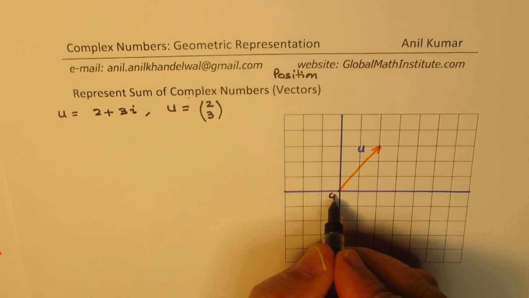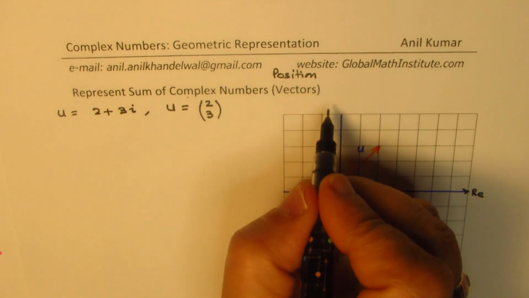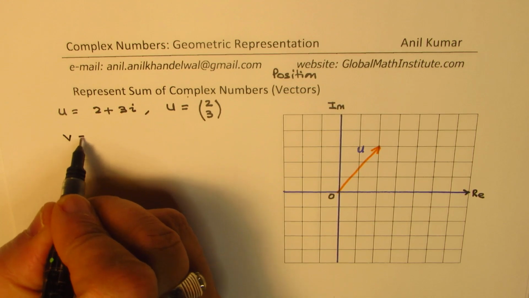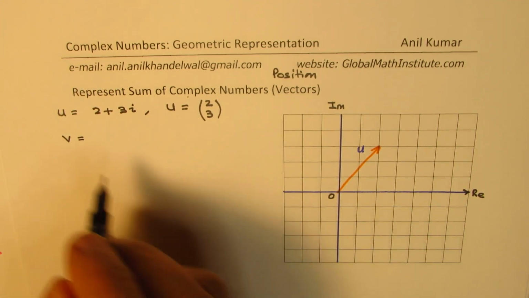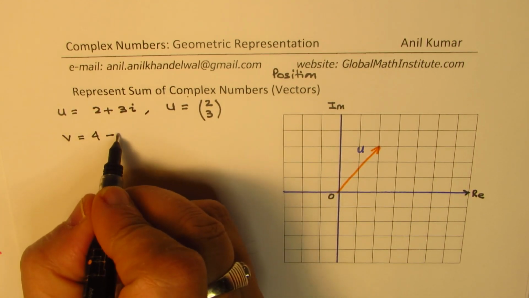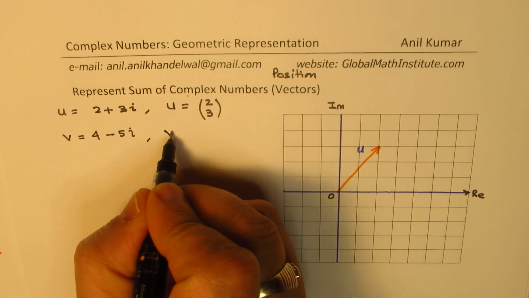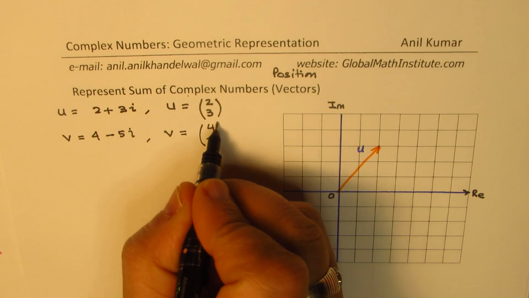So that's the origin for us. This is the real axis and that is the imaginary axis. Let's take another vector v, which can be, let's say, 4 minus 5, which we will write as 4, minus 5.